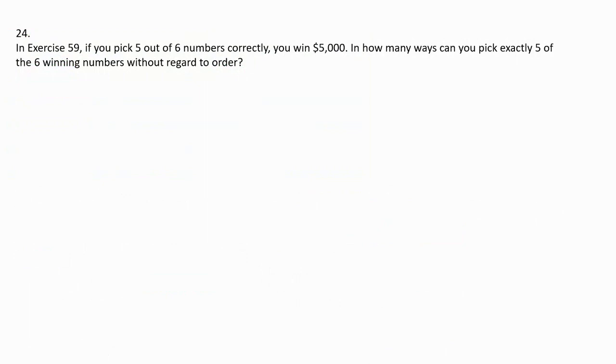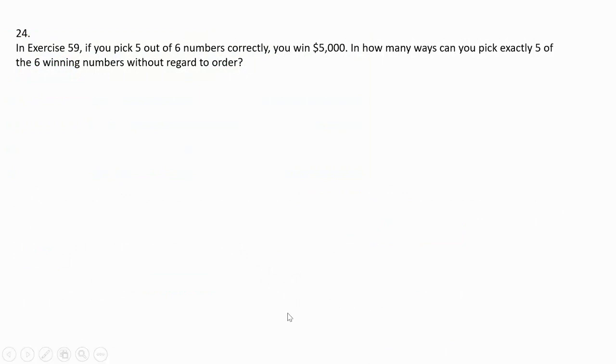Okay, now, number 24. This is exactly from the book. In exercise 59, if you pick 5 out of 6 numbers correctly, you win $5,000. In how many ways can you pick exactly 5 of the winning numbers without regard to order?